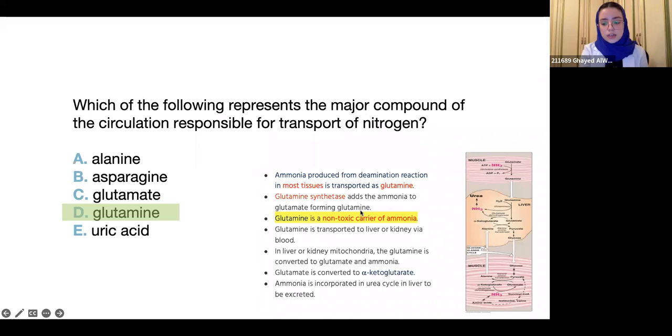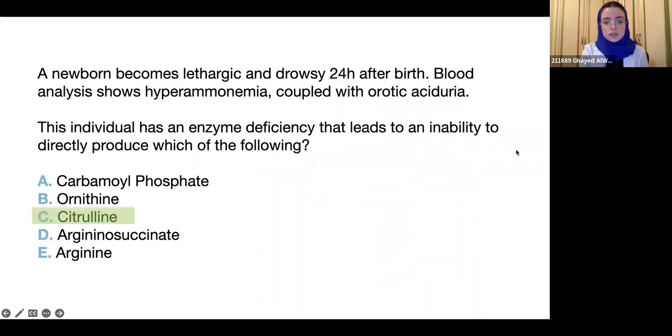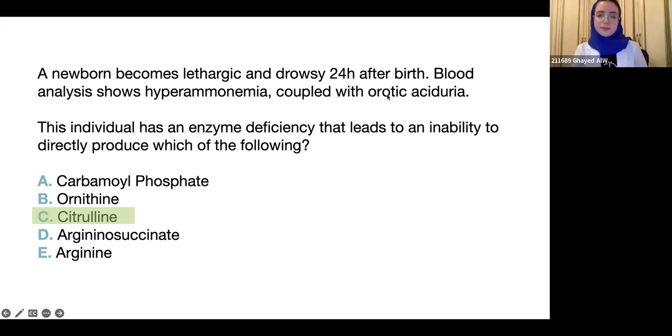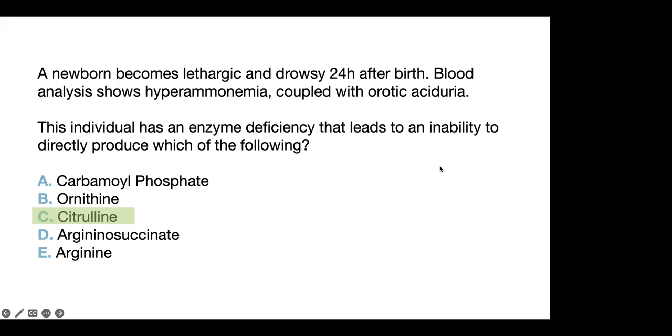So the answer to the question should be C. Does that make sense? Because ornithine is used to make citrulline. So the enzyme ornithine transcarbamylase combines ornithine with carbamoyl phosphate and it makes citrulline. So if we don't have the enzyme, then we won't be able to make citrulline. Make sense? I can explain. No, it did make sense. It's just that I didn't read the second part.